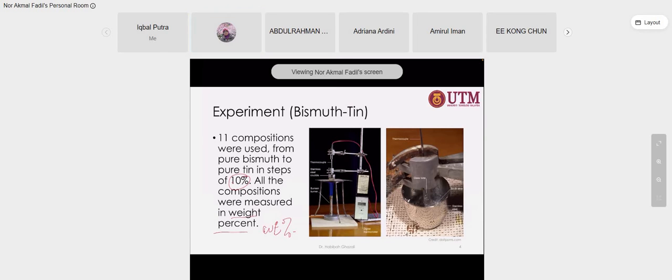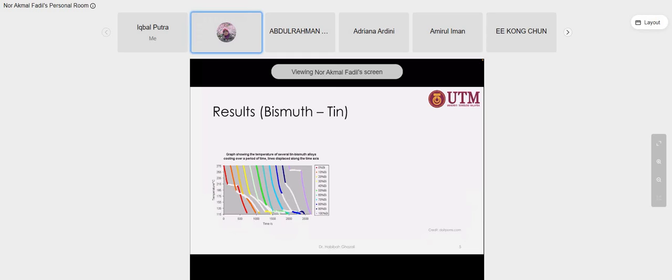This is the setup for the experiment, and this is the result from the experiment. What you can see, this one is red. This is a constant temperature, and this one is a range of temperature during the transformation. This is alloy 1, alloy 2, alloy 3.